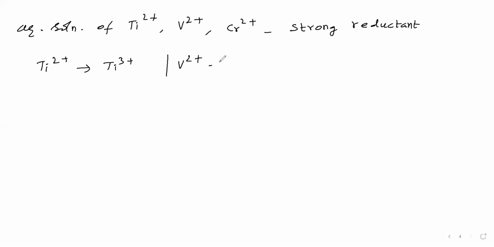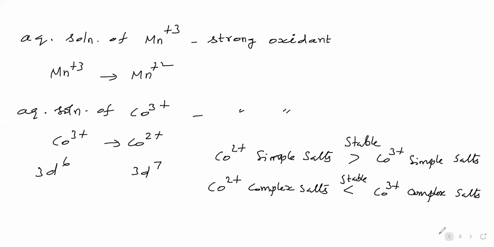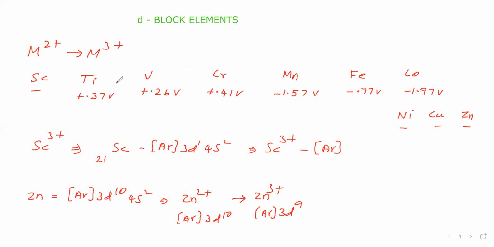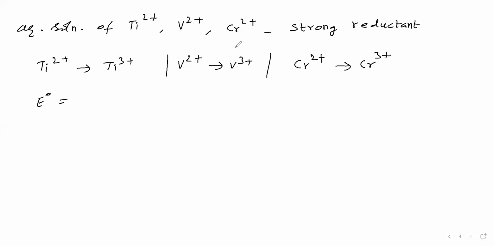Vanadium 2 plus is converting into vanadium 3 plus. Chromium 2 plus is converting into chromium 3 plus. Now E0 values, we will see for these. Now see, titanium positive, vanadium positive, chromium also positive. E0 values are positive, therefore these solutions are acting as strong reducing agents.